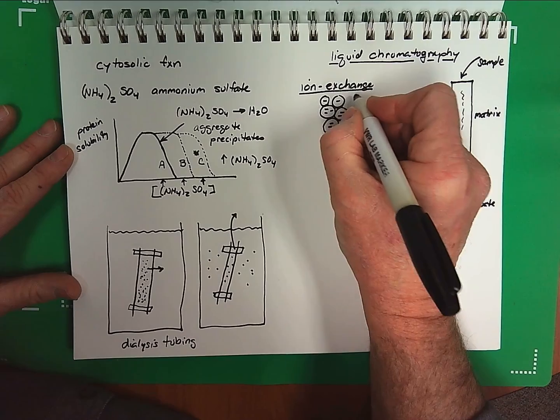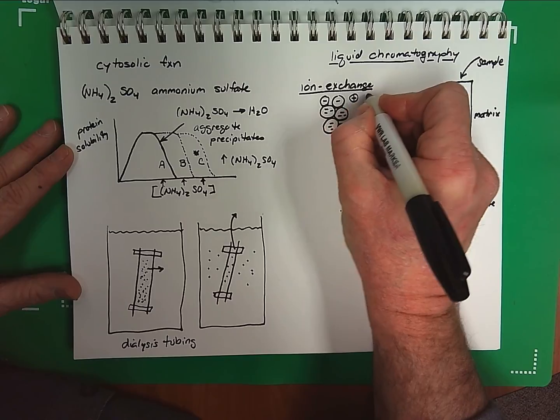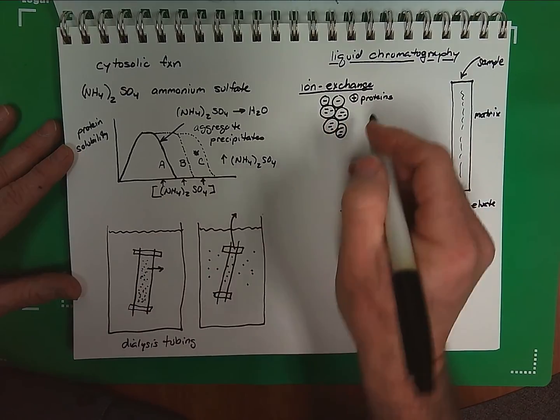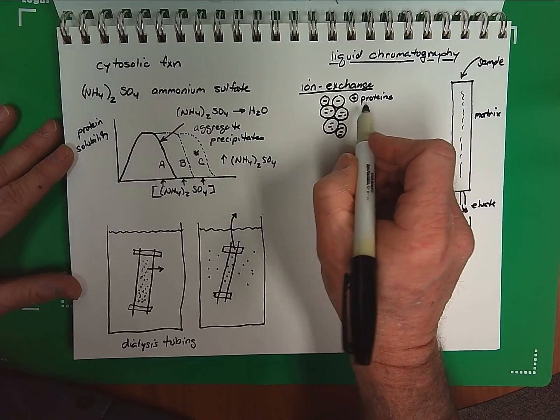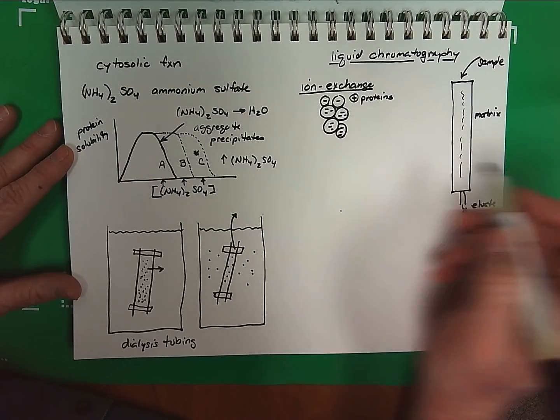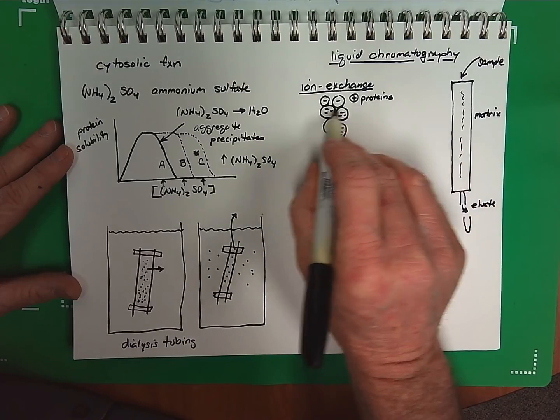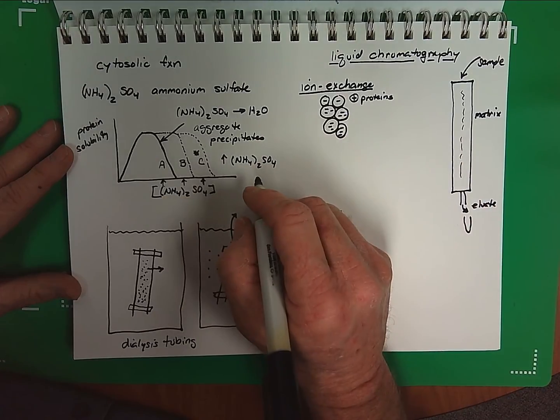What will bind to this are positively charged proteins. Any proteins that are negatively charged will flow through unbound, and they will come through first, whereas the positively charged proteins will bind to this negatively charged matrix.